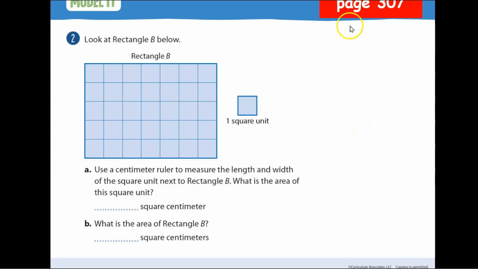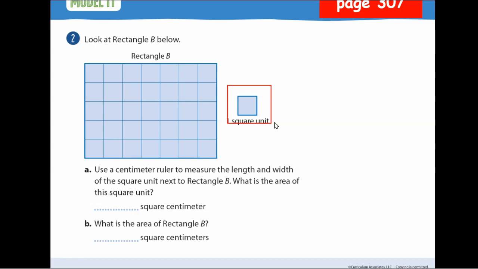Okay, now look at the one here at the bottom. It says look at the rectangle B. So each one of these is one square unit. It says use a centimeter ruler to measure the length and width of the square next to B. So you're looking at this one right here, and the centimeter is along with all the little lines.